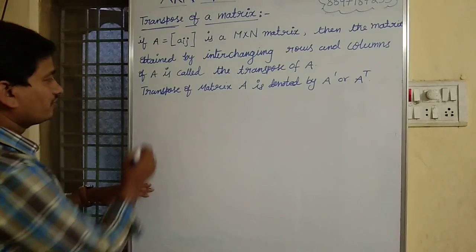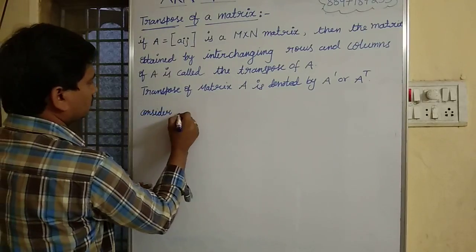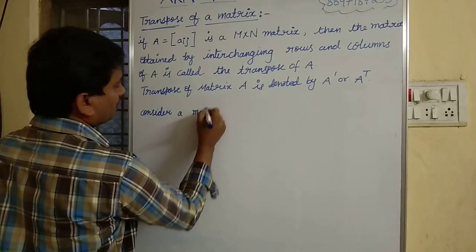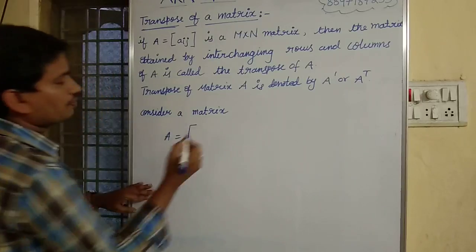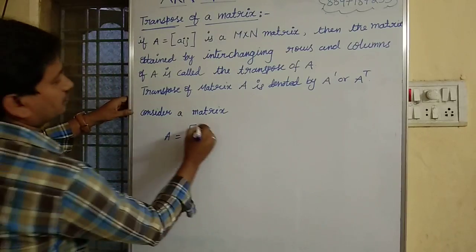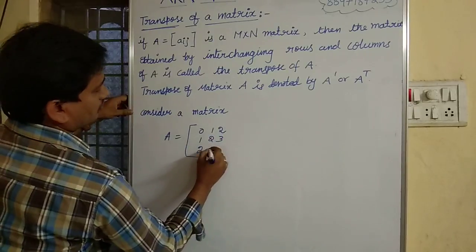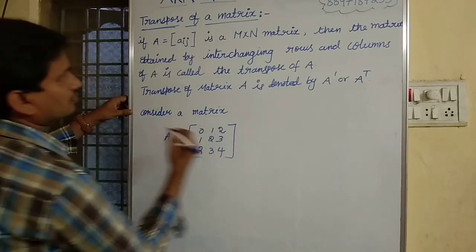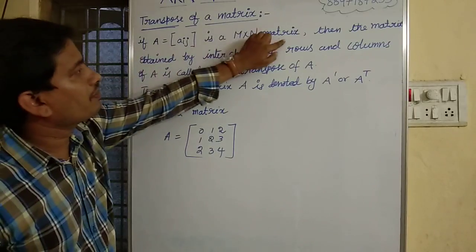Let me explain, children. Consider a matrix A. For example, A equal to, A is an m by n matrix.